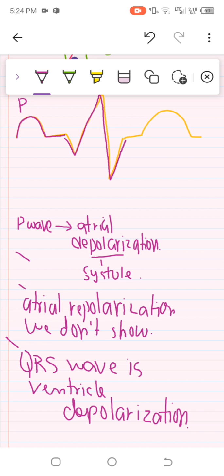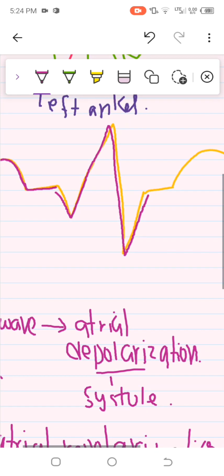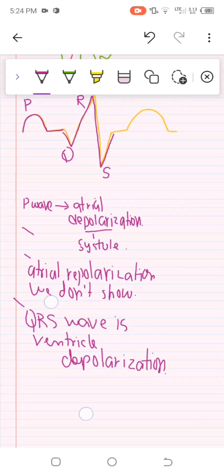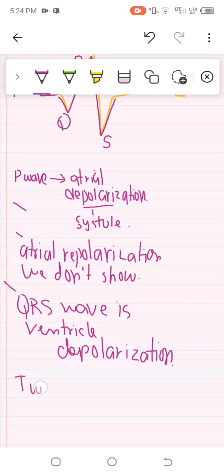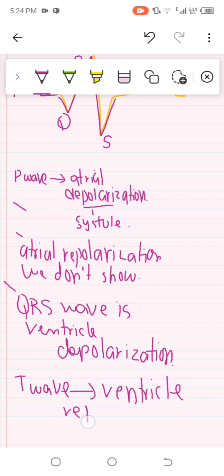So that's why there's no particular name of the wave. We do not show the atrial repolarization. Finally, in the end we have the T wave. T wave represents the ventricular repolarization.